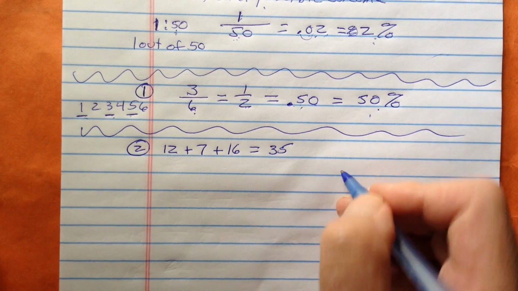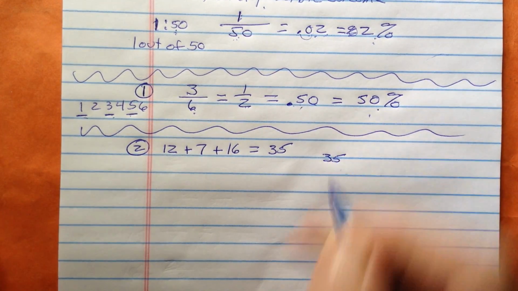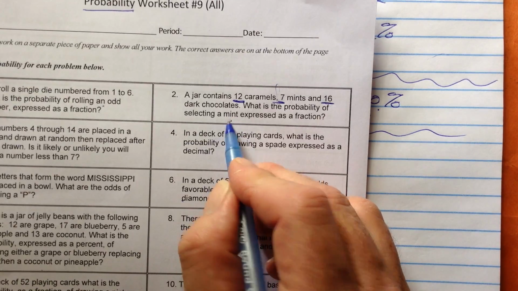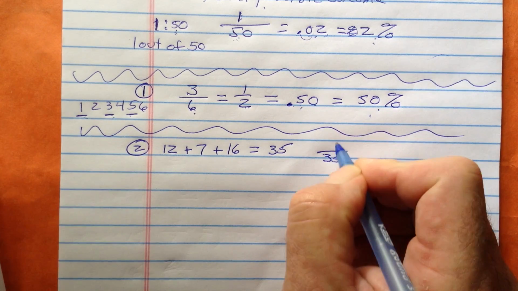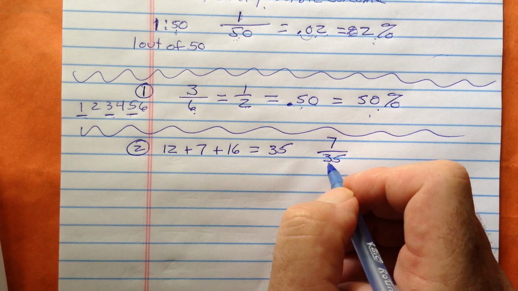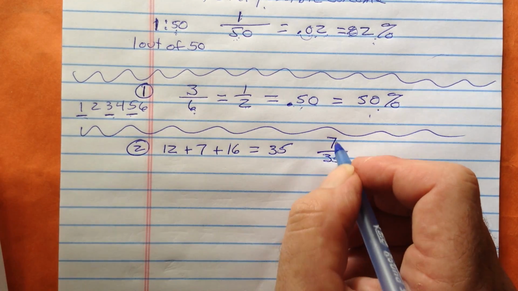So 35 possible chocolates, so the bottom of the fraction would be 35. And it's asking what's the probability of selecting a mint? There are 7 mints. So if I reach into the jar, there's a 7 out of 35 chance of pulling out a mint.